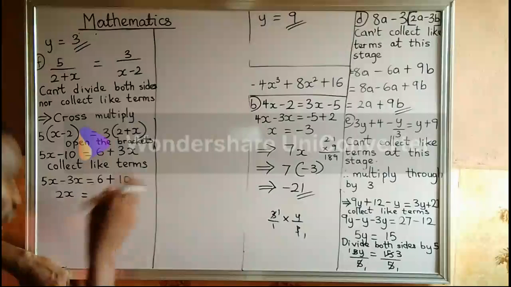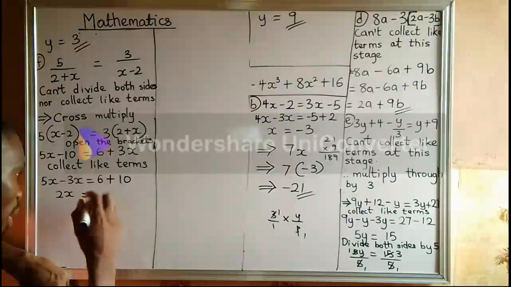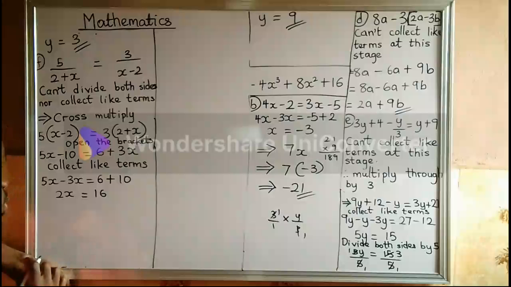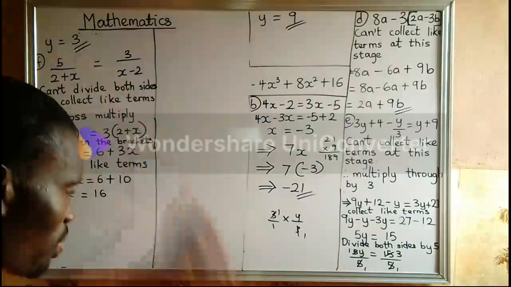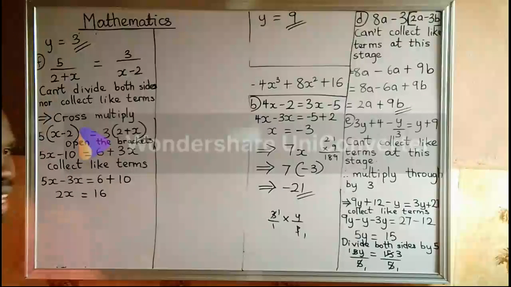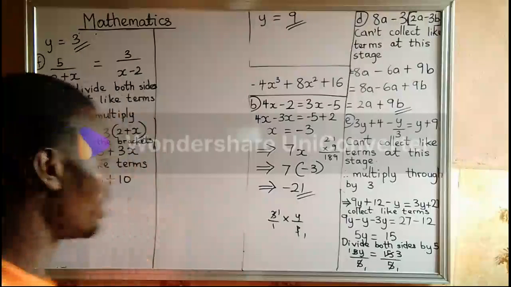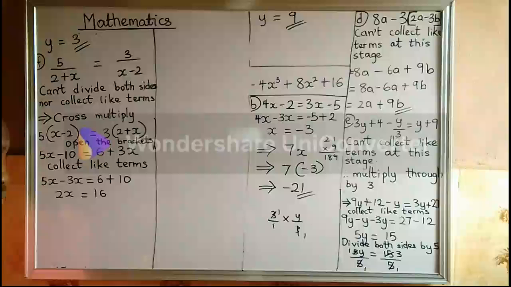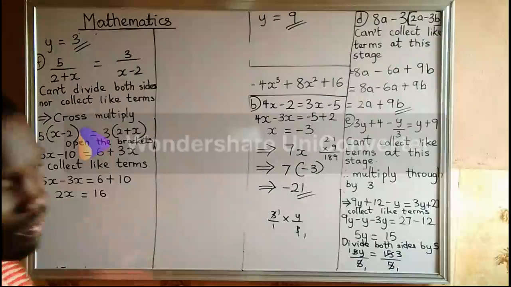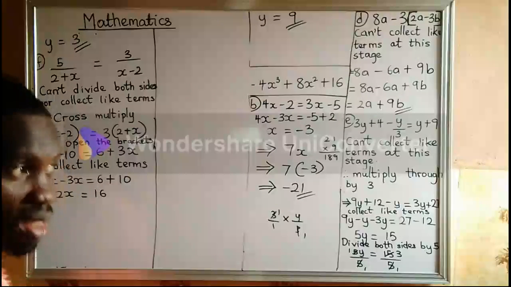I have 6 naira and I have another 10 naira. So now I have 16 naira. So 2x equals 16. Okay? So at this stage, we have collected the like terms. I said the other time that after collecting like terms, usually the next principle to apply most times is divide both sides by something.